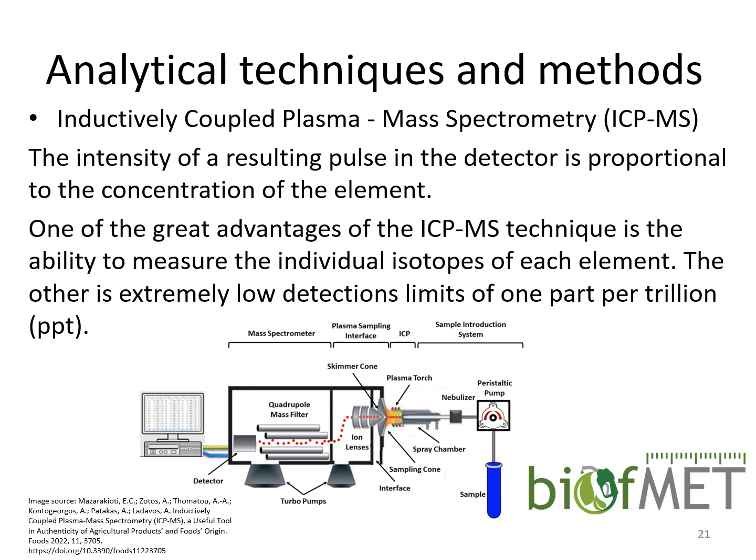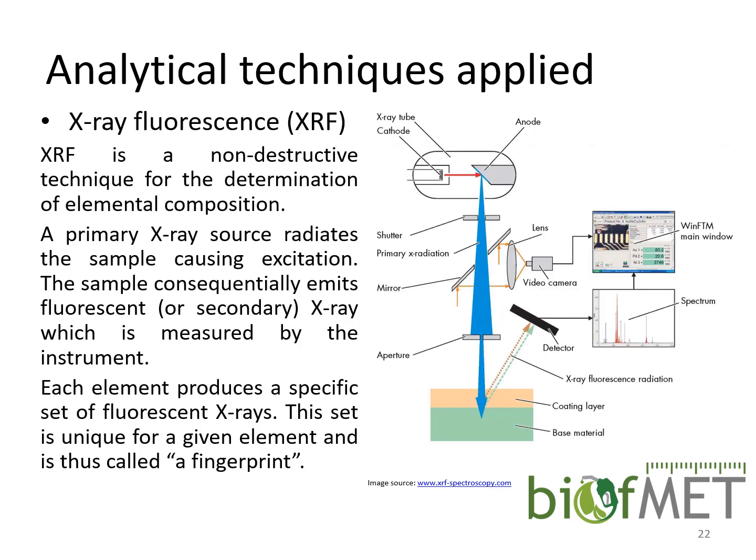And also the additional ability of this instrument, because the detection principle is related to ion mass measurement, is that it allows you to determine the isotopic composition of certain elements, if that is of interest in a particular case.